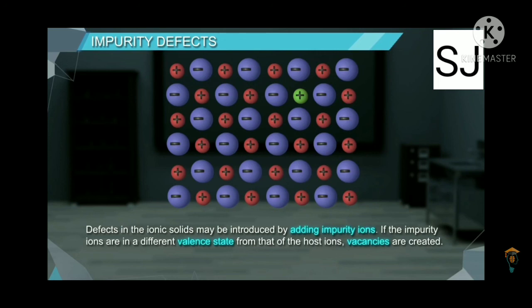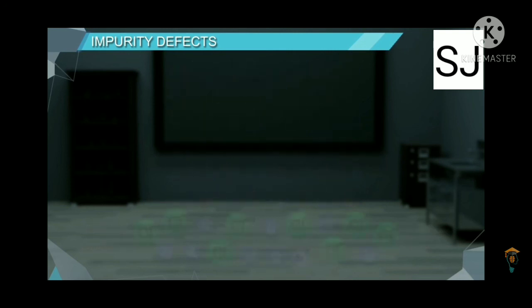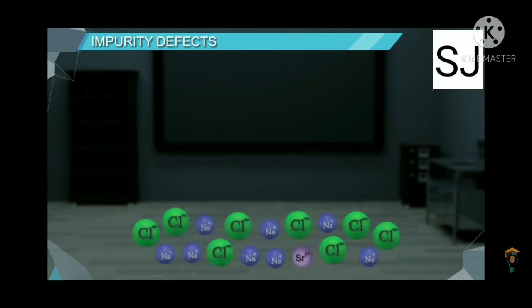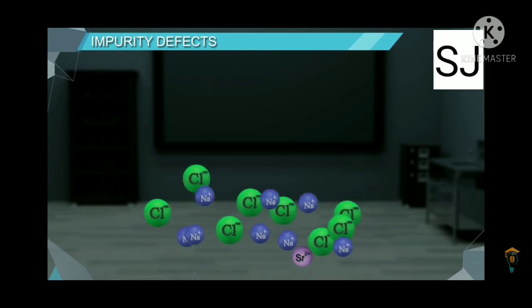For example, you can see here that a red color positive charge is shown, so maybe a positive charge of one positive or two positive is created. But along with that, take the example of sodium chloride, Na has one positive charge on it, whereas one impurity positive ion of strontium, Sr2 positive, is also added in its site. Okay, one ion came in, that is Sr2 positive.